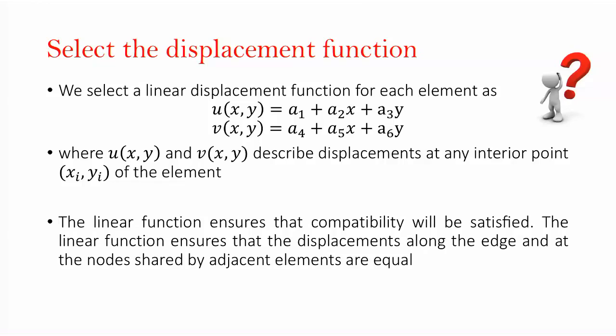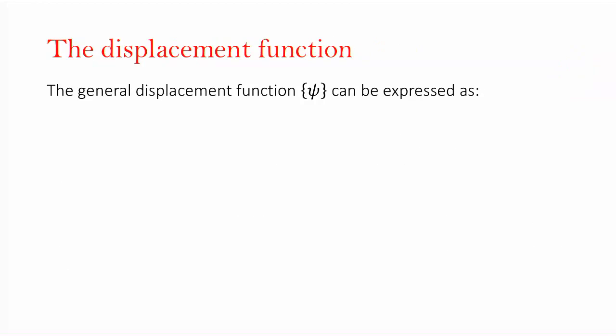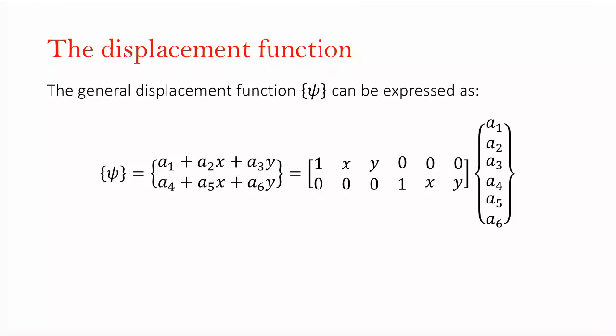And since we're using the linear function, it ensures the compatibility between the neighbor elements. So this is all right. We don't need to worry about it. And then if we want to put all these displacements in x and y direction together, this is how we can express them in matrix form.